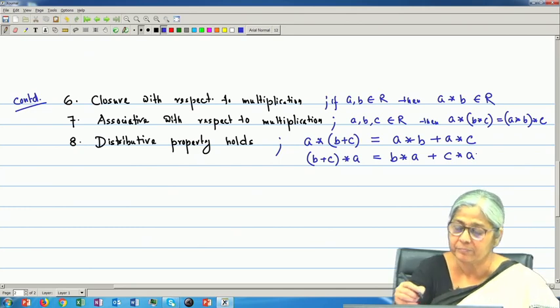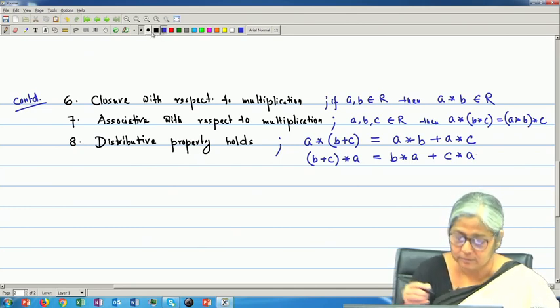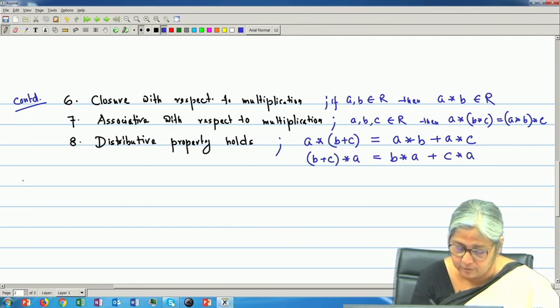This is my ring. So, I give one simple example where this property holds.